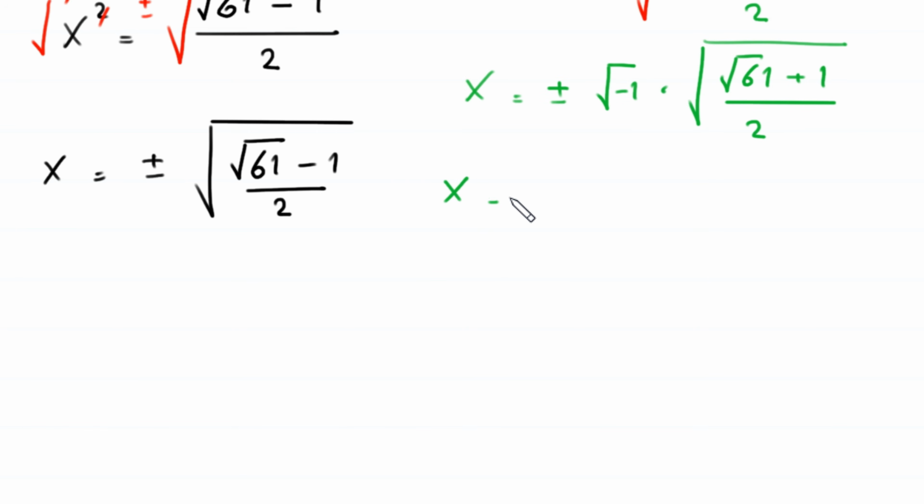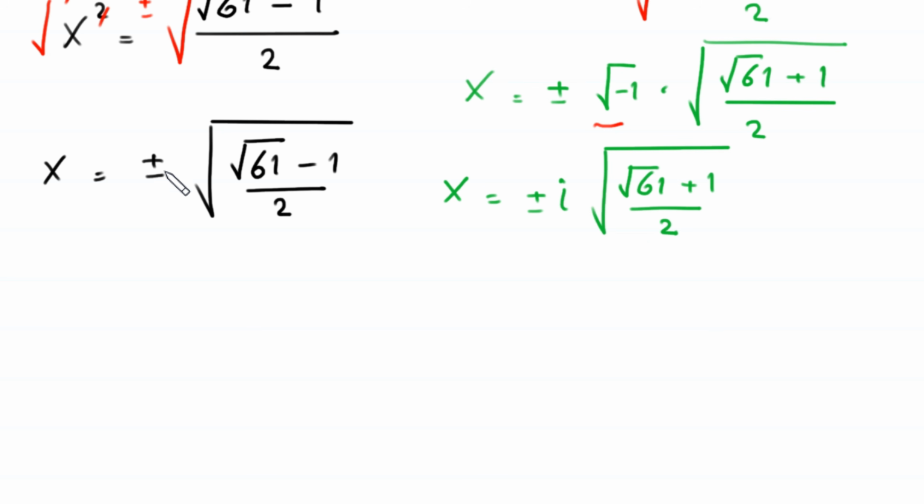Next, root negative 1 will become i, so x is equal to plus or minus i times the square root of root 61 plus 1 divided by 2.